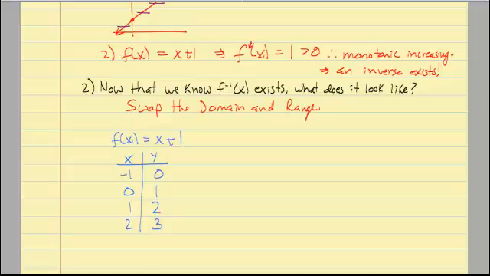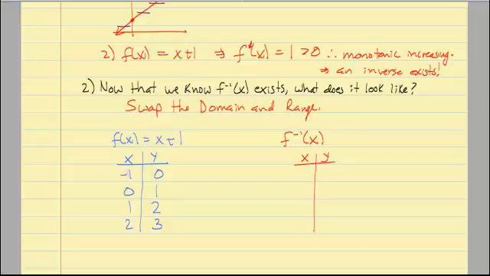Now, the domain of my inverse will be the range of my original. I'm not exactly sure what my inverse function looks like quite yet in terms of x's and y's. So again, the domain and the range swap.